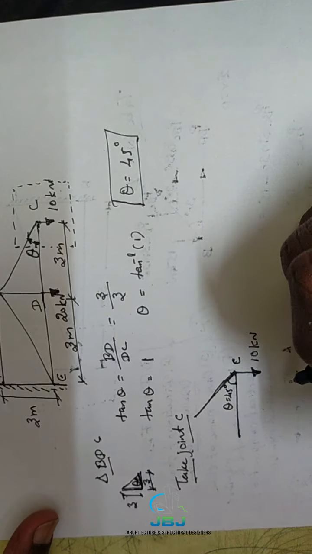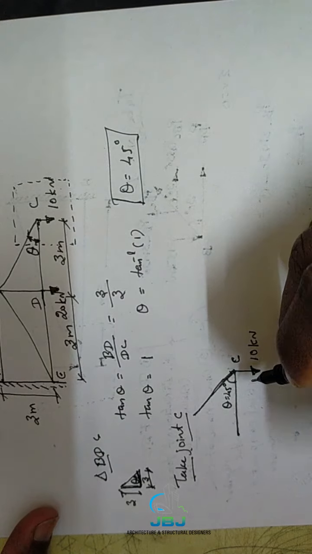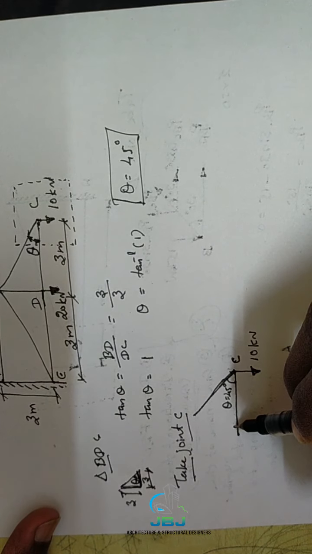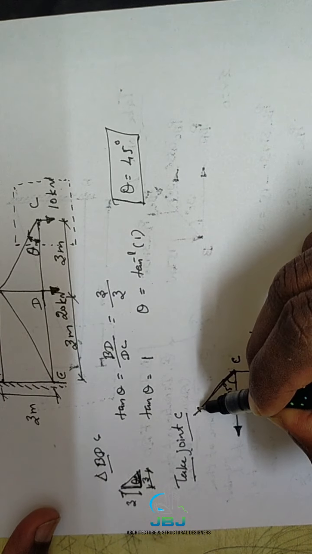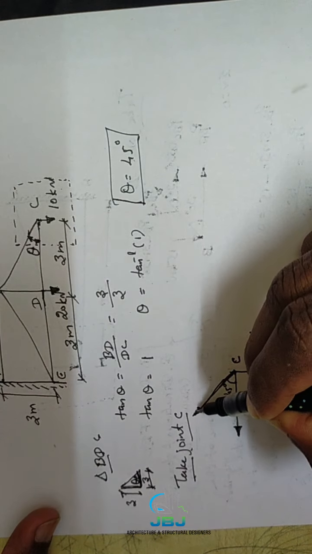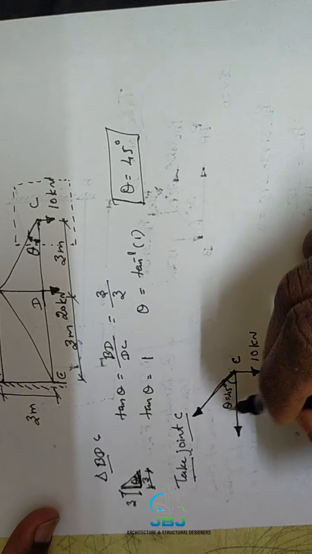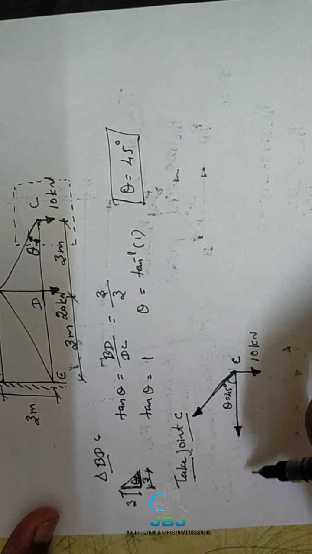Right, now we are going to apply our assumption over here. Our assumption is that all members are tension members. We assume that only tension force is acting on these members. Second, what should we do? Give a name to each member. What is the name of this member?